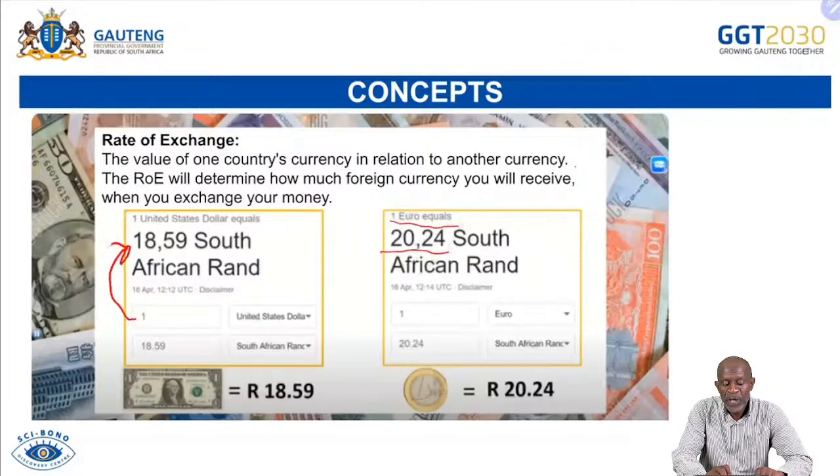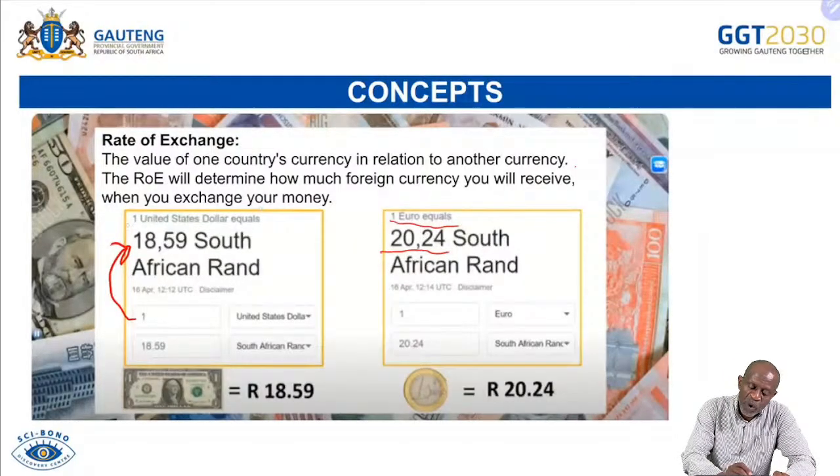Now, if we compare the two values, we would say in terms of value, in terms of power, the euro is more than the US dollar during this time in question. So 18 Rand 59 will buy you 1 US dollar, whereas 20 Rand 24 will buy you 1 euro. So in terms of value, the euro is greater than the dollar during this time.